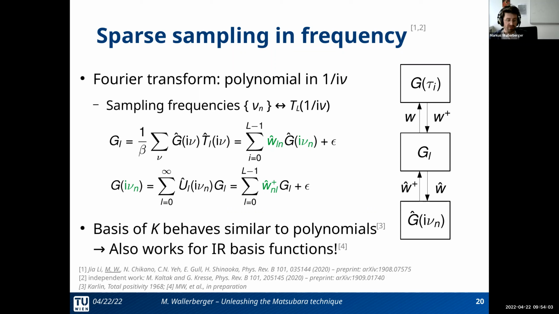I would be very intrigued to try that, because the two approaches, DLR and the IR basis, are similar in the sense that the notion of the best approximation is in a two-norm sense, whereas there it is in an infinity norm sense, which is interesting in a couple of respects. So I'd be very interested in how the two approaches compare.